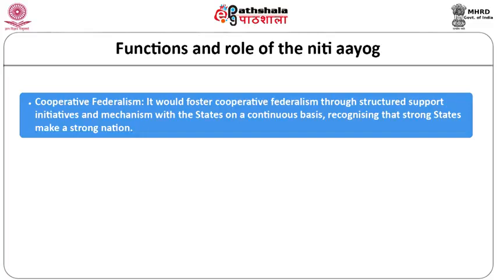Now, as we know, we have a federal polity where states and center coexist together, but over the last few years we have seen that the central government is more powerful than the states. Here, the plan is to look into the cooperative federalism spirit. That means we would like to make strong states for making a strong nation.